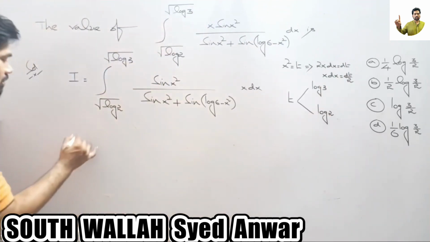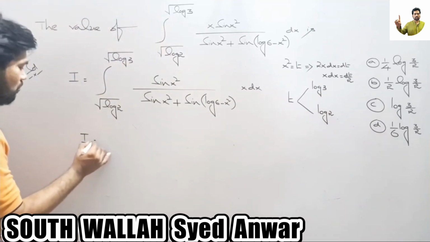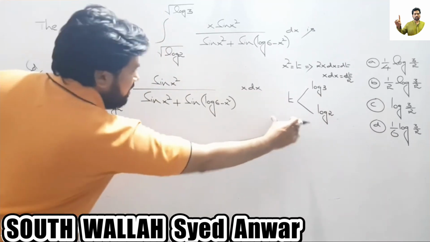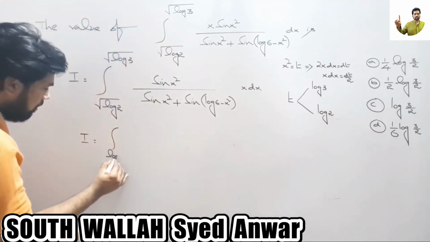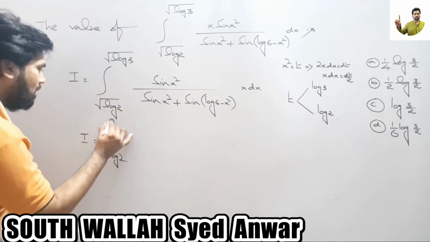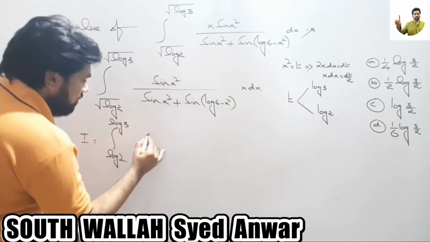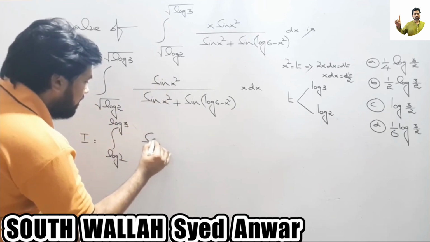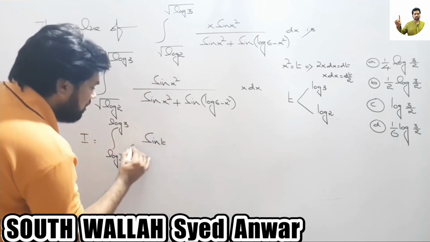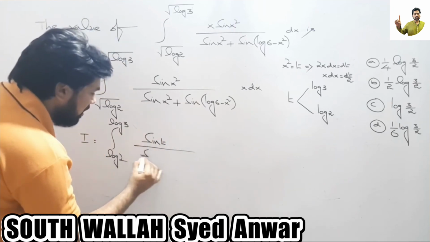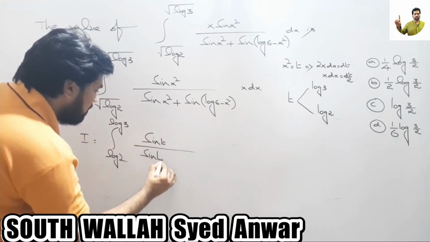Now, let us substitute. I is equal to, what is the lower limit I have got? Log 2. And the upper limit is log 3. Now, wherever x square is there, t should be written.